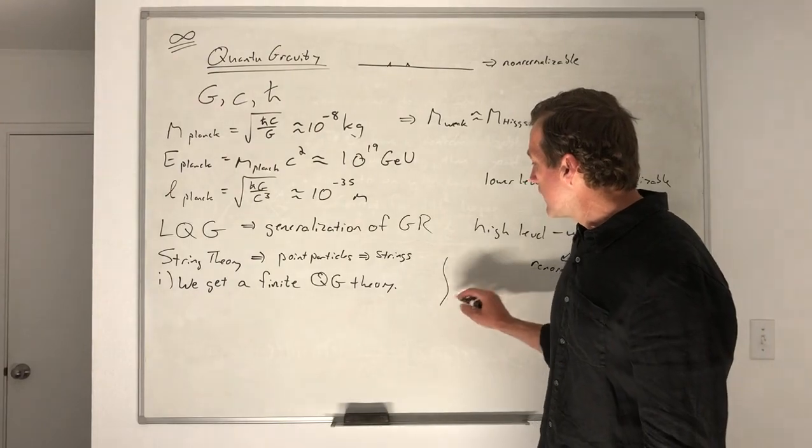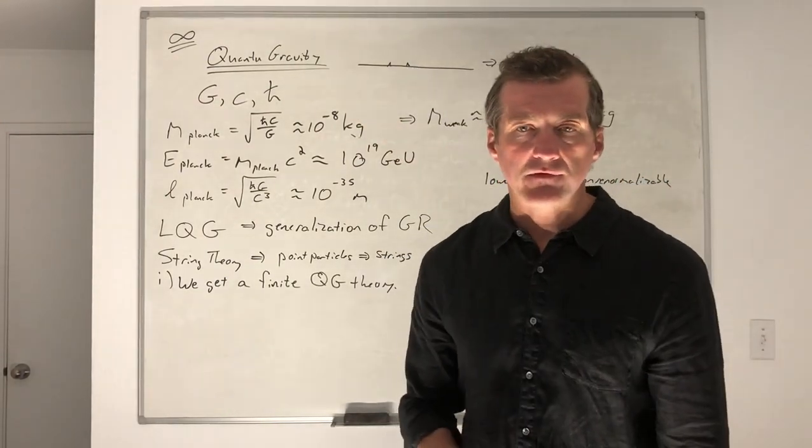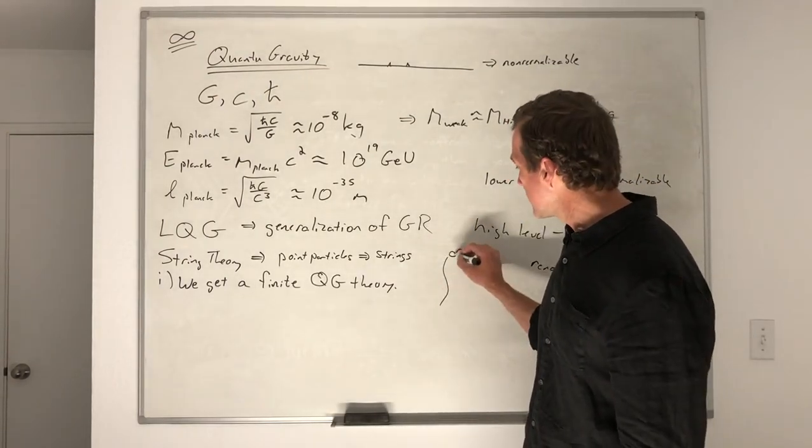Where were our infinities coming from in our perturbation diagrams and so forth? They were largely coming from integrating momentum up to infinity.